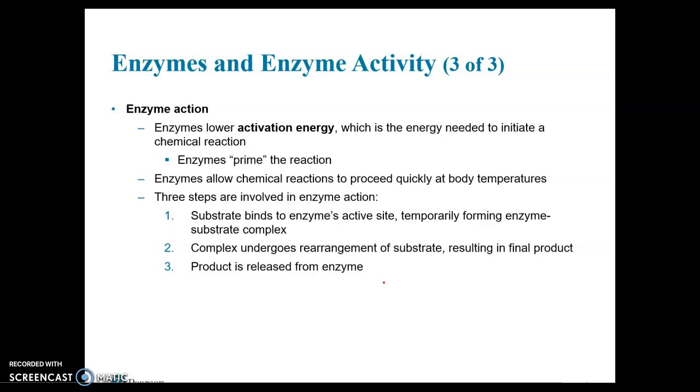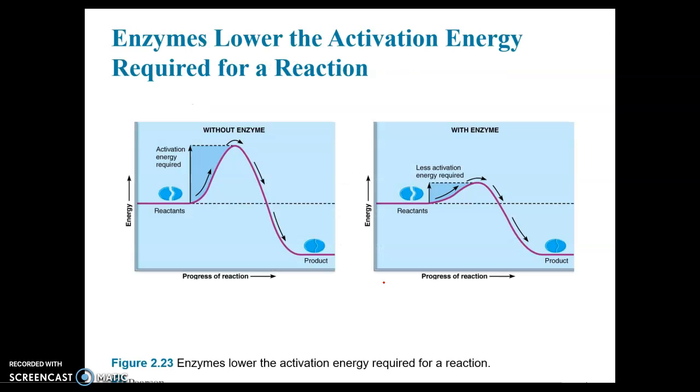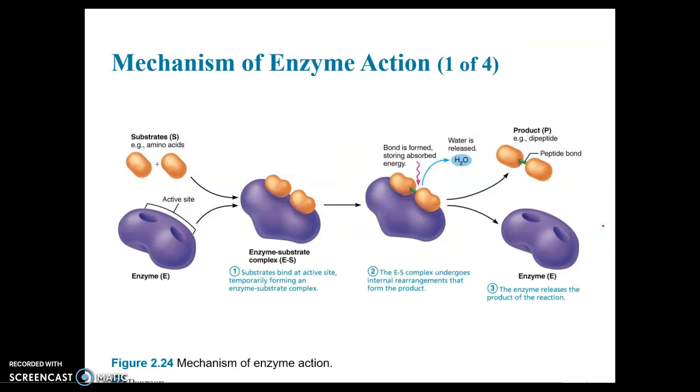Again, they lower the activation energy. And so here's an example of a graph that shows the energy that it takes for these reactants to form into product, this activation energy, without the enzyme. But with the enzyme, less energy is required for the reaction, so it happens faster. So that's how enzymes speed up chemical reactions.